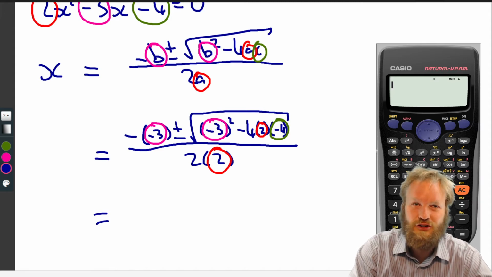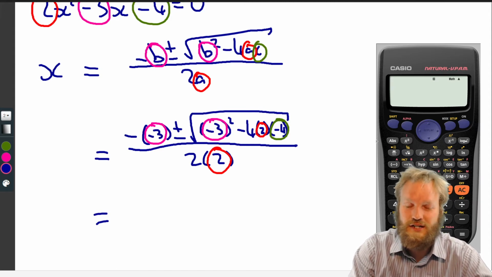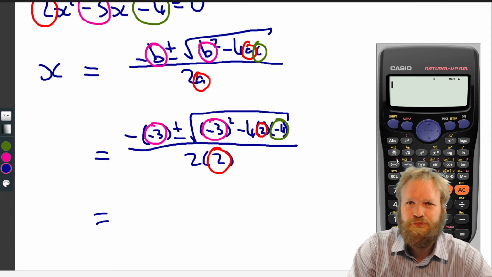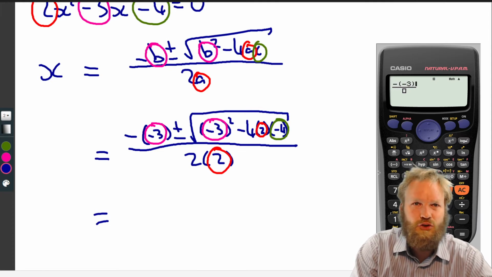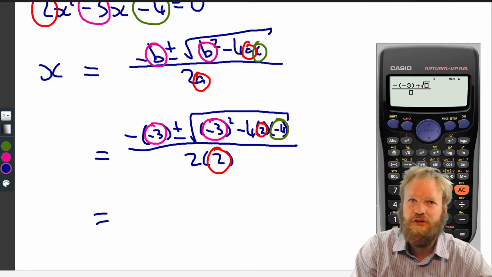So there are going to be two solutions. Doesn't matter what order you do it in. So we're going to take our calculator. It's a fraction. Minus 3. You know what? I'm just going to put it in exactly like this. Minus 3. Plus or minus. Let's put a plus to start with. The square root. Minus 3 squared.